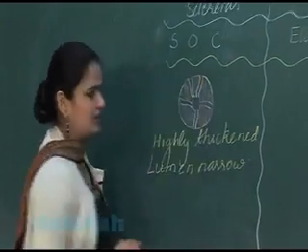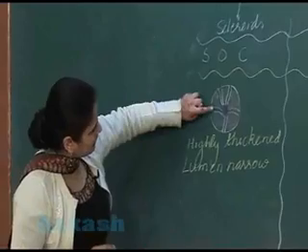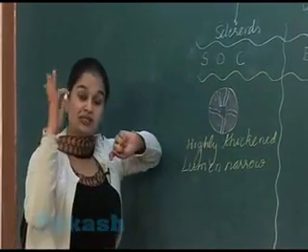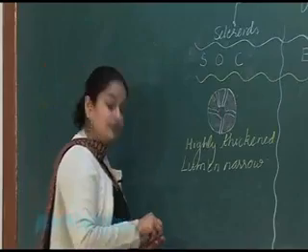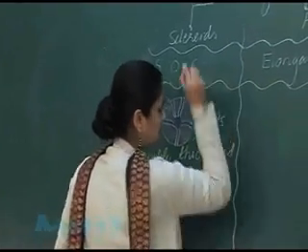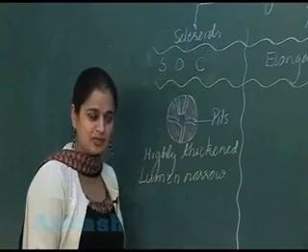Are you getting this? तो देखिए यहाँ पर ये जो मैंने areas बनाए हैं, in these areas the thickenings are absent. The areas where the thickenings are absent represent pits.